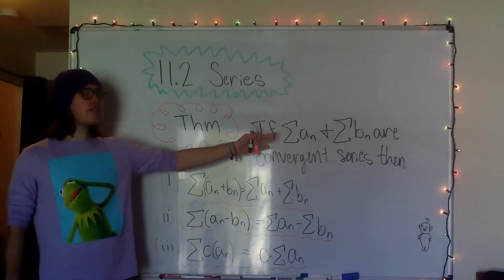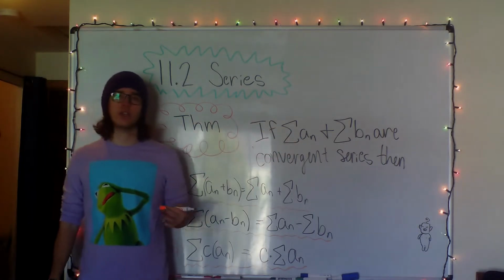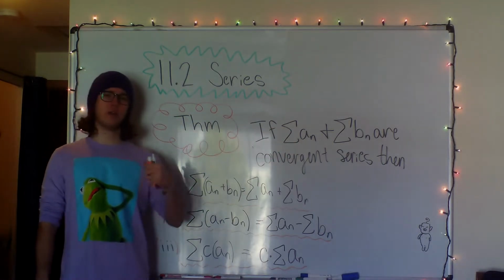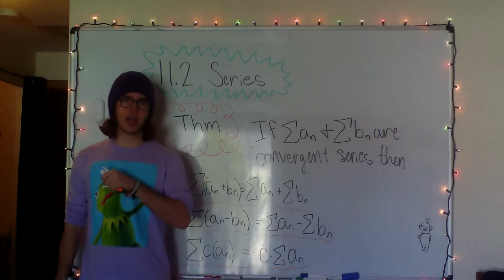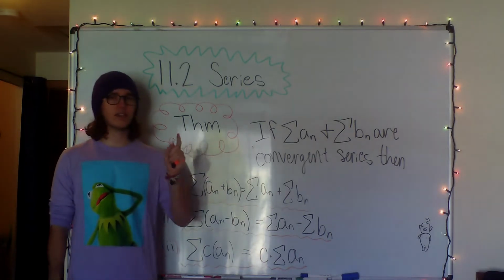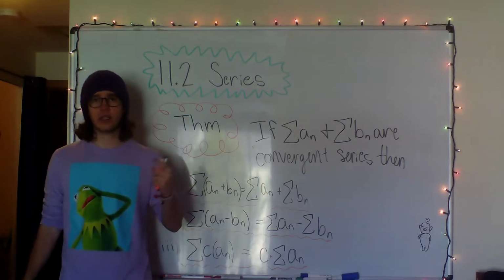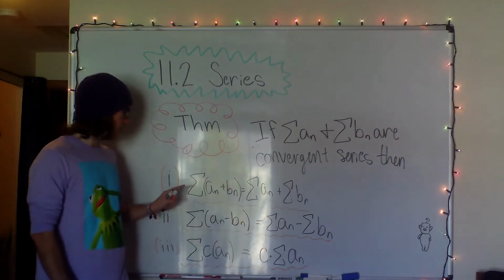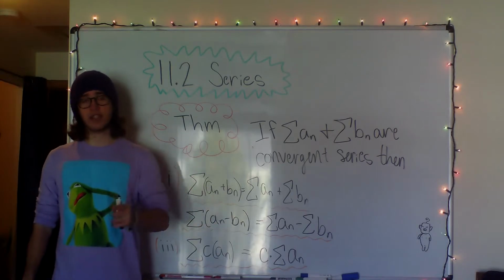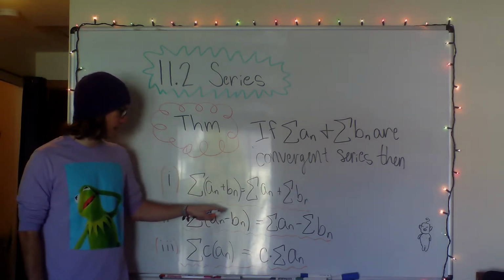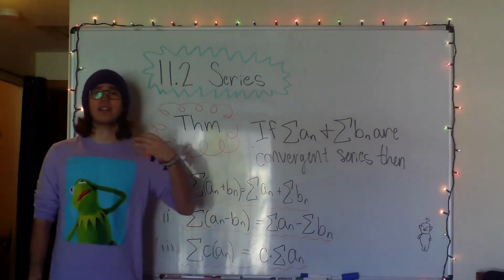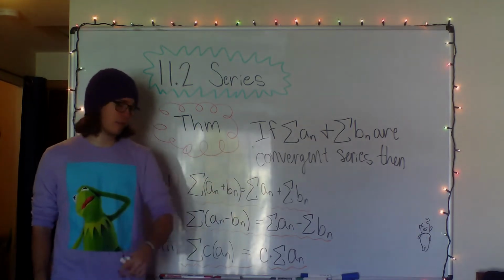Now for the final theorem of this video. It states that if the sum of an and the sum of bn are convergent series, then, first, the series of an plus bn is equal to the sum of an plus the sum of bn. Second, the series of an minus bn is equal to the sum of an minus the sum of bn.